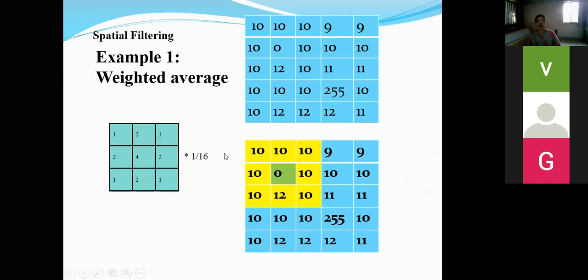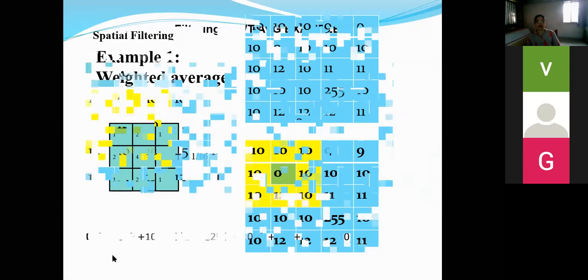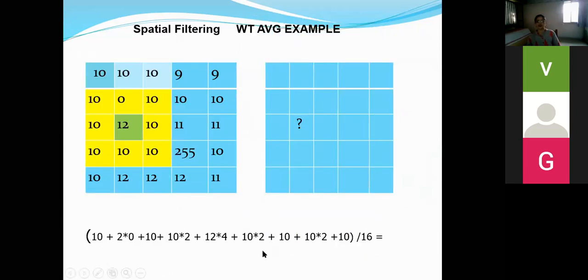Okay. So add all these products and divide by 16, and you will get the new value of the pixel. As shown here, you can perform these products, then add all these 9 products and divide by 16 to get the new value. So the result is 8.875.